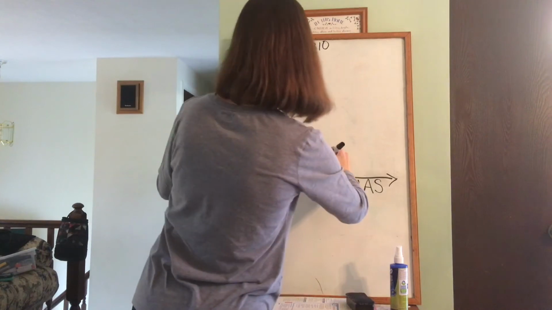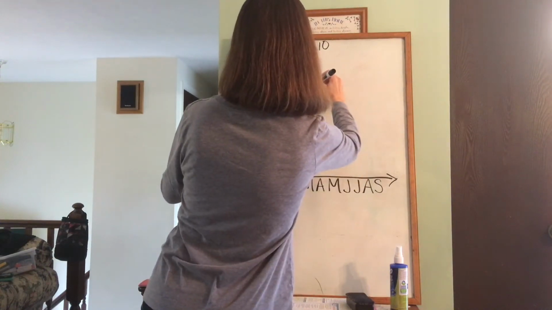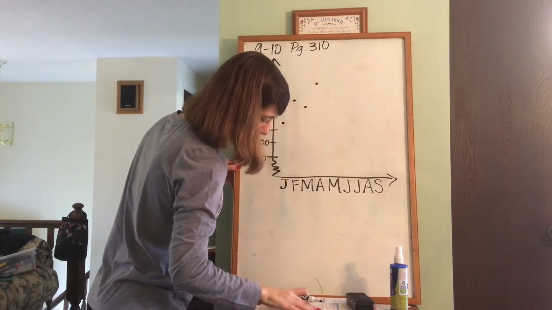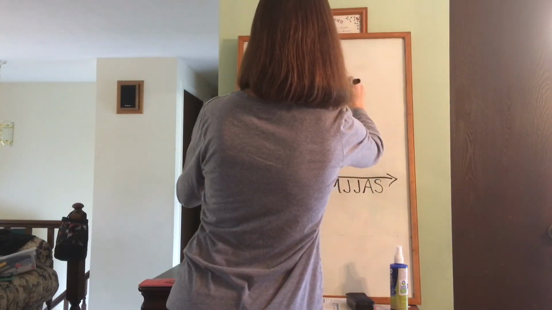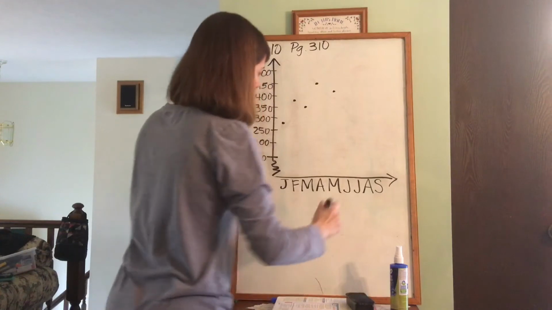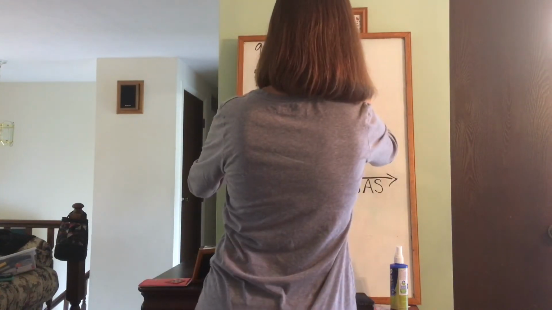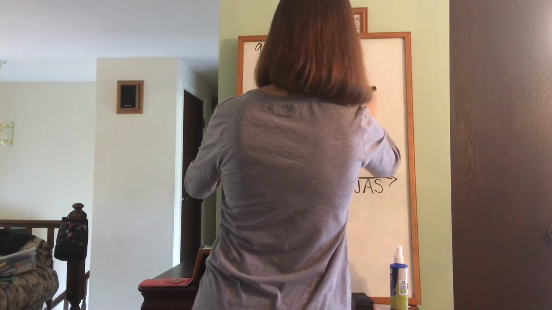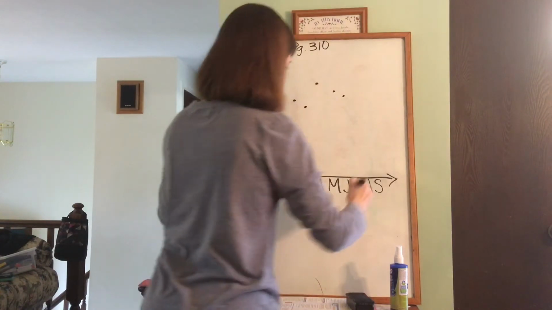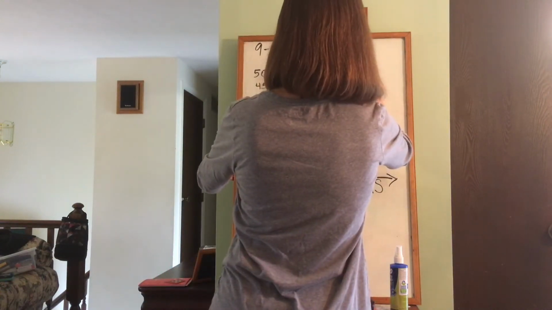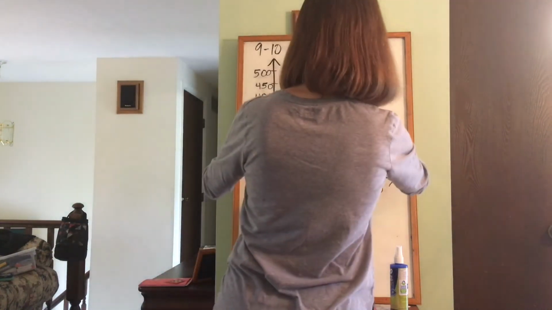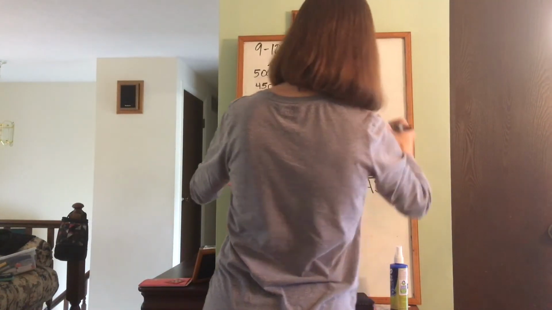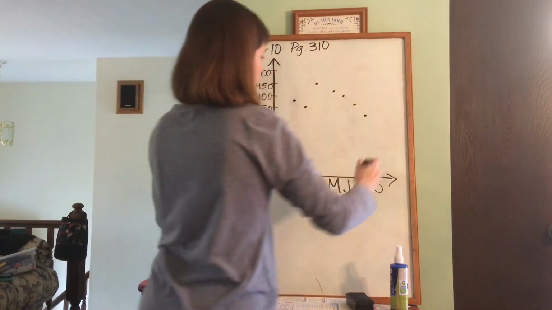April was 450. May was 410. June was 400. July was 350. August was 300. And September was 500.